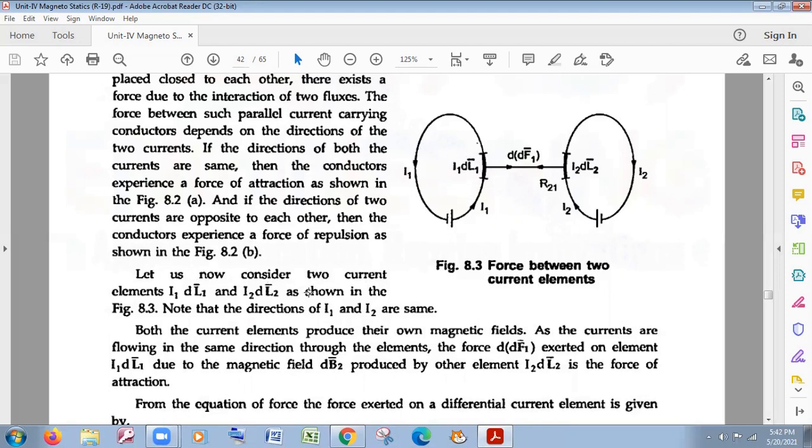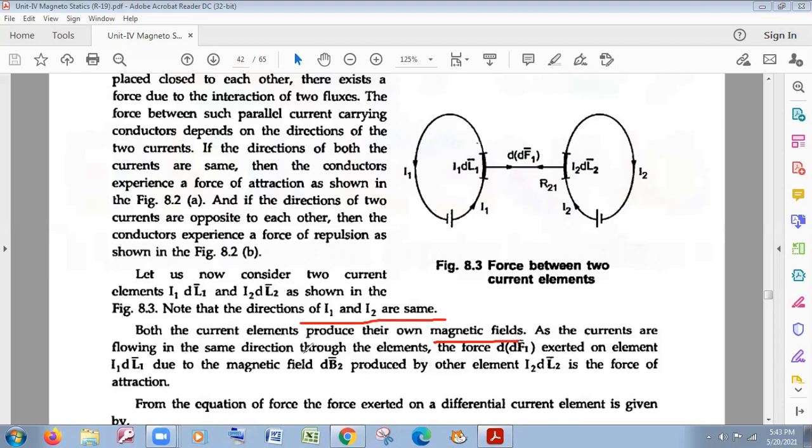Let us now consider the two current elements I1 dL1 bar and I2 dL2 bar as shown in the figure. Note that the directions of I1 and I2 are the same. Got it, my dear students? Both the current elements produce their own magnetic fields, because around a conductor carrying current there is a magnetic field.